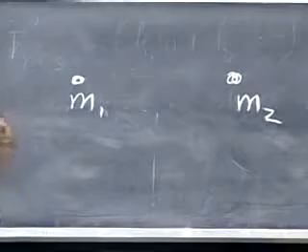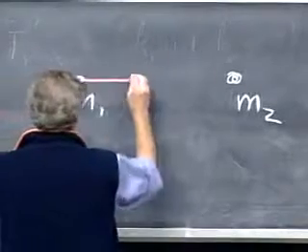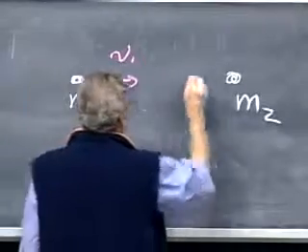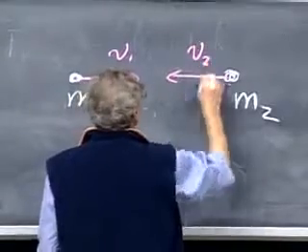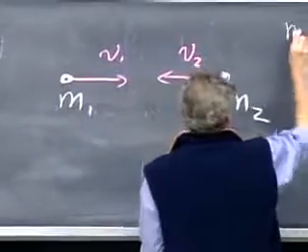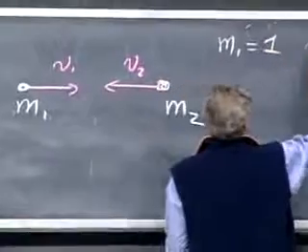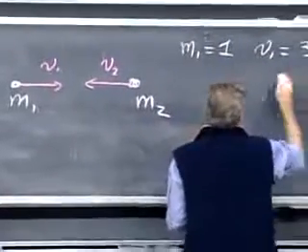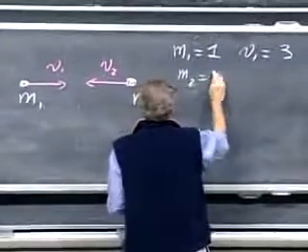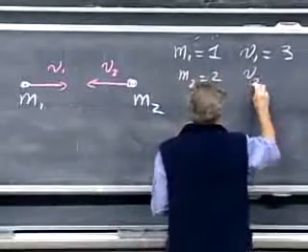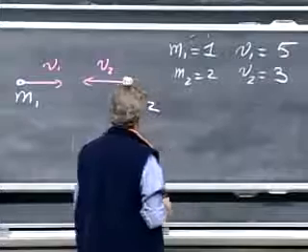We have an object M1 here, speed V1, object M2, speed V2. Let's make it very simple. M1 is 1 kilogram, V1 is 3 meters per second, M2 is 2 kilograms, and V2 equals, I make this 5 meters per second, and I make this 3 meters per second.